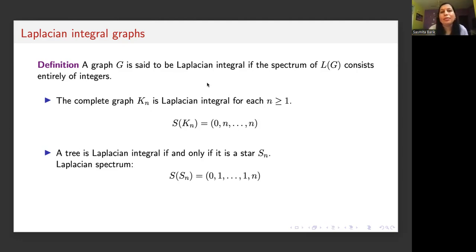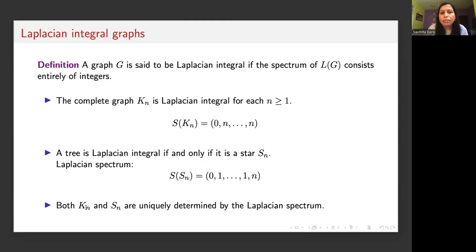So I feel it's interesting to consider the Laplacian spectrum when we are considering integral graphs. Now, also because I told about graphs determined by spectrum, you can prove that Kn and the star of order n are both determined by Laplacian spectrum.